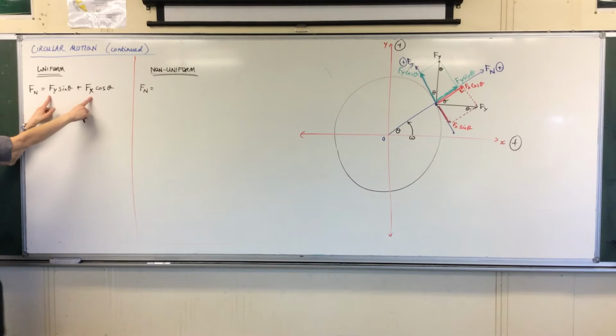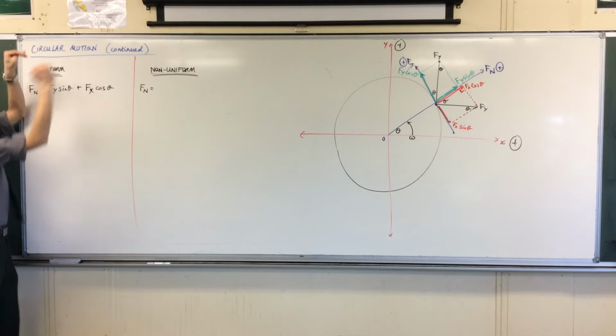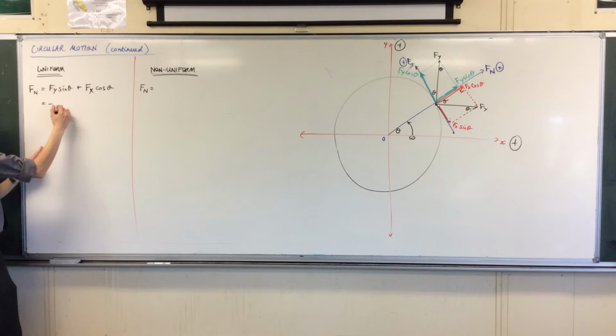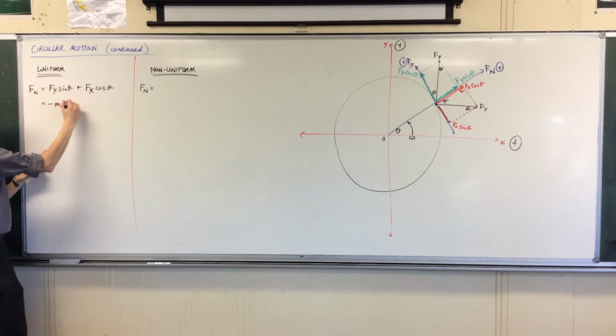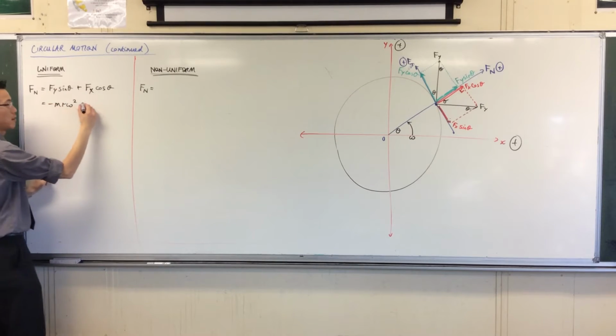But I know what Fy and Fx are. I spent all that time developing that table, going all the way from displacement, differentiating all the way down, multiplying by mass. What is Fy times sine theta? If my memory is serving me, I think you should get minus m r omega squared, and I think this one was cos theta, so you're going to get sine theta cos theta.